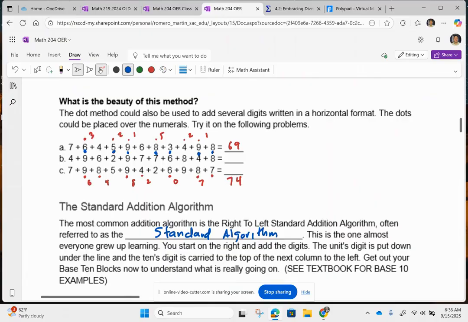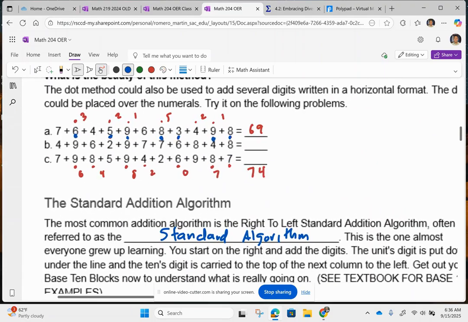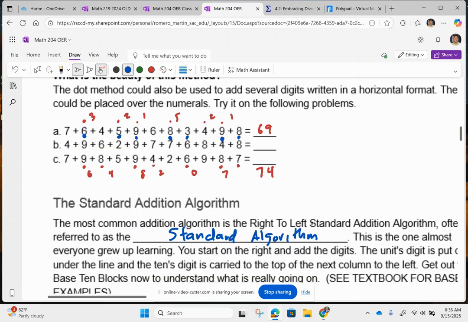What's beautiful about this method is that we could also do it in a horizontal format if you want. And we don't need a long list of numbers, but we can do it the same way. The middle one's not done yet, but we can take a look. It's been dotted already. 4 plus 9 is 13, so there's a dot, and then I put the 3. 3 plus 6 is 9. 9 plus 2 is 11.